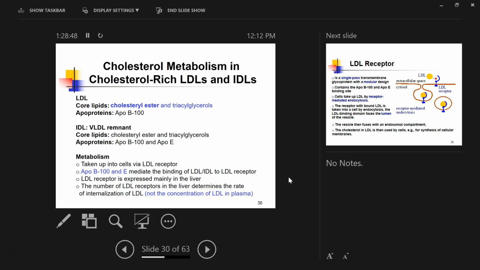So you have more LDL remaining in the circulation, and higher levels of LDL. Does that make sense? So the LDL receptor number is a key, a determining factor that regulates the cholesterol level, or LDL cholesterol level, in the circulation in the blood.